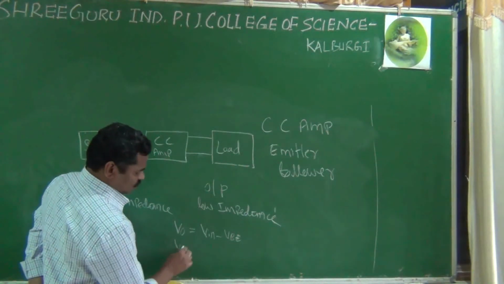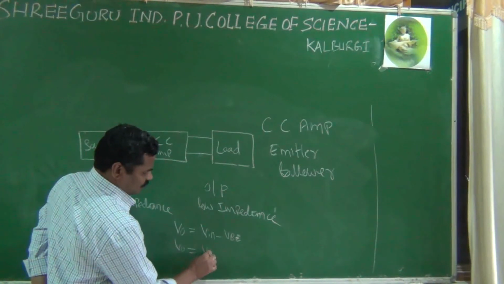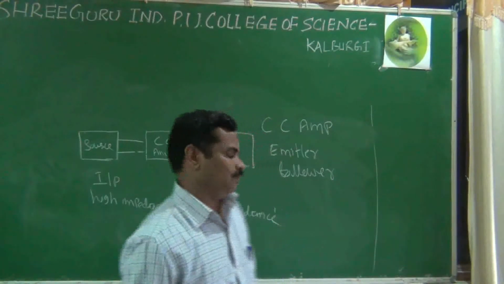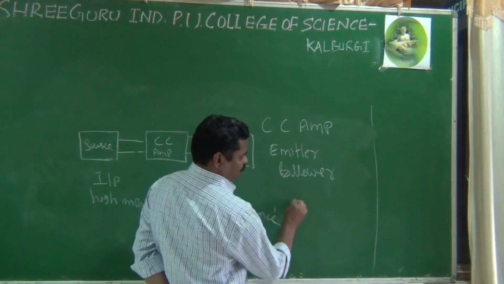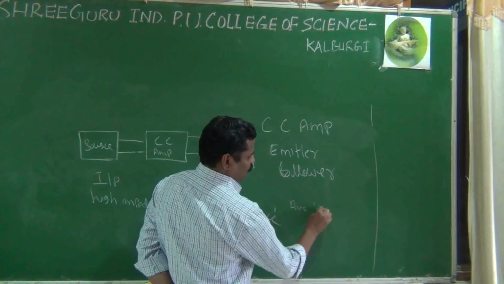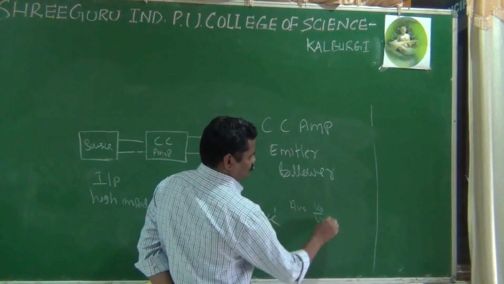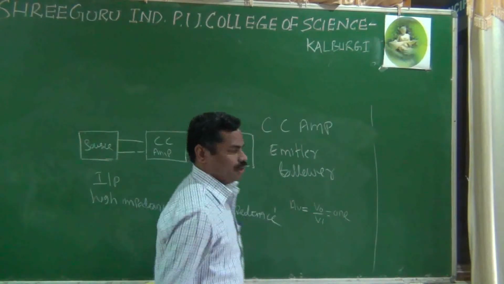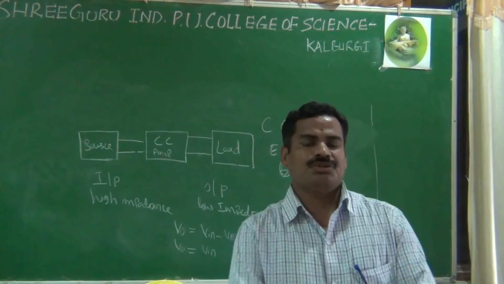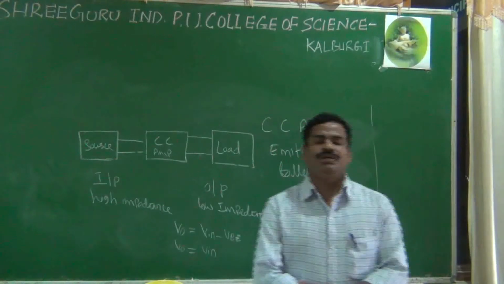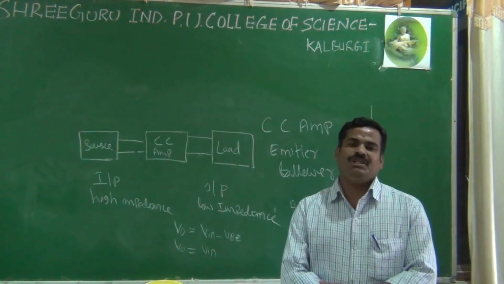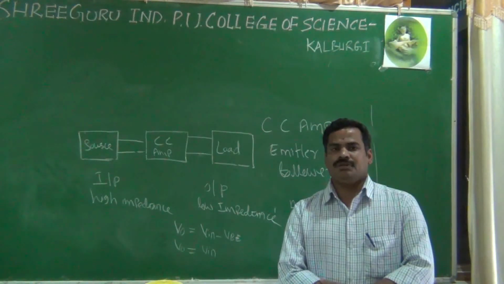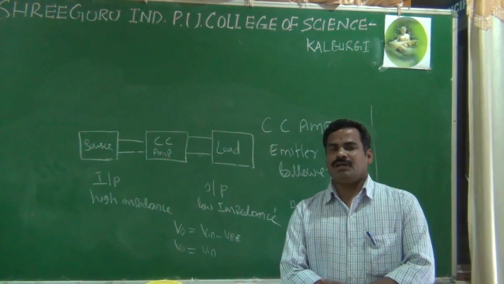That's why you can write V0 equal to Vin. So the voltage gain AV equals V0 by Vin, and because both are the same, you get 1. Because the output follows the input, it is called an emitter follower, and the voltage gain is nearly equal to 1 or less than 1. These are the important points about your common collector amplifier.